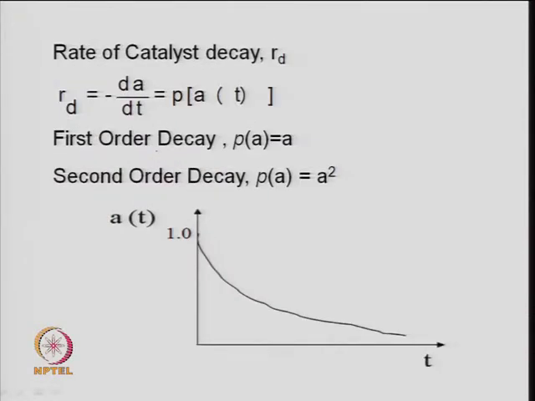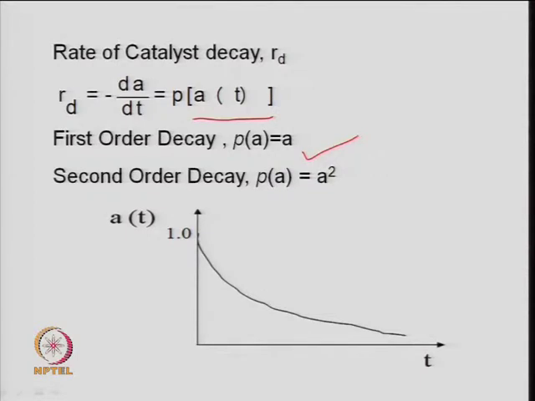As I said, the deactivation rate, minus dA by dt, is a function of the activity of a catalyst, and this can be something like a first order decay, if the deactivation is first order.